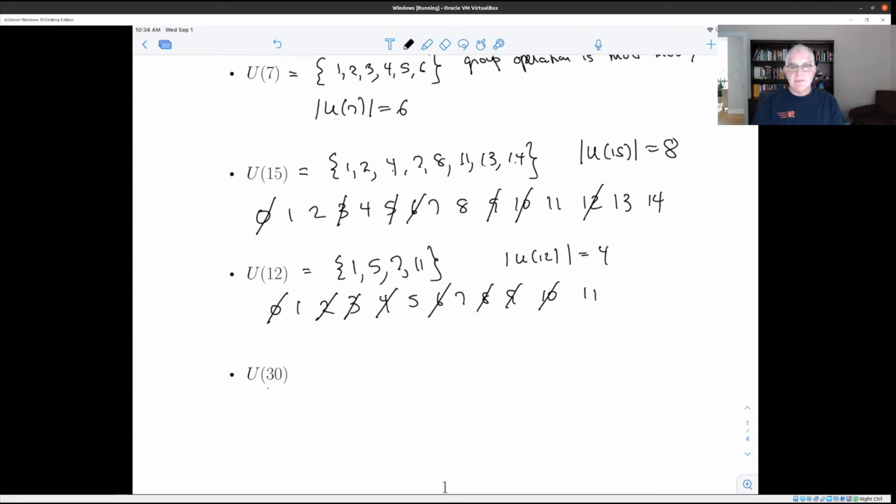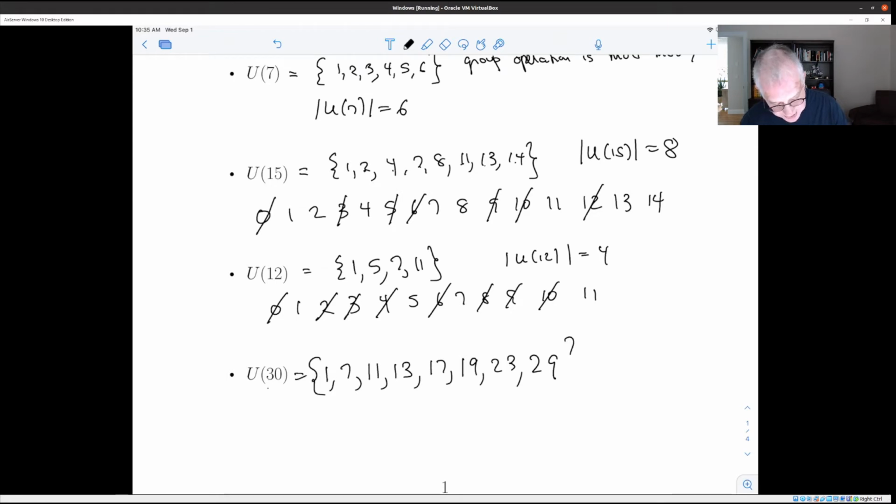So we write down the odd numbers and strike out the ones divisible by 3 or 5. 1's okay, 3 is divisible by 3, 5 is divisible by 5, 7's okay, 9 is divisible by 3, 11's okay, 13's okay, 15 is divisible by both 3 and 5, 17 is okay, 19 is okay, 21 is divisible by 3, 23 is good, 25 is divisible by 5, 27 is divisible by 3, and then there's 29. So if I've done this correctly, we have 1, 2, 3, 4, 5, 6, 7, 8. So again, U of 30 has 8 elements in it.